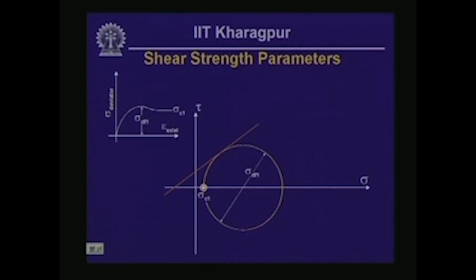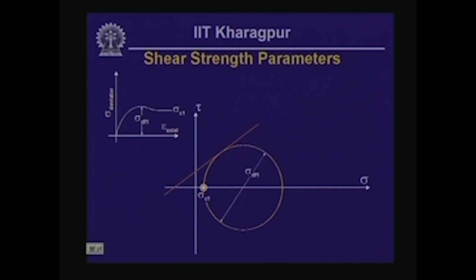For this data we have plotted the Mohr circle shown at the bottom right. What you should notice here is that sigma c1, the cell pressure under which this test was conducted, is the minor principal stress.